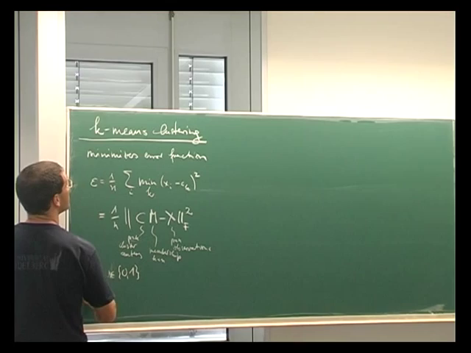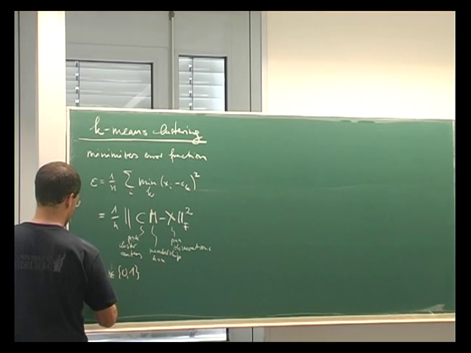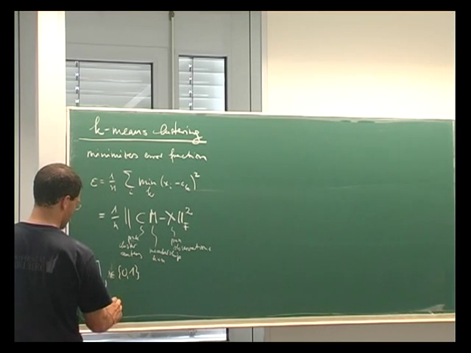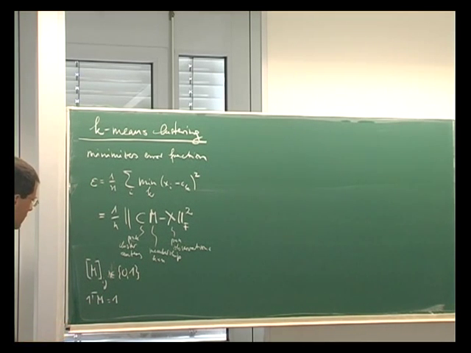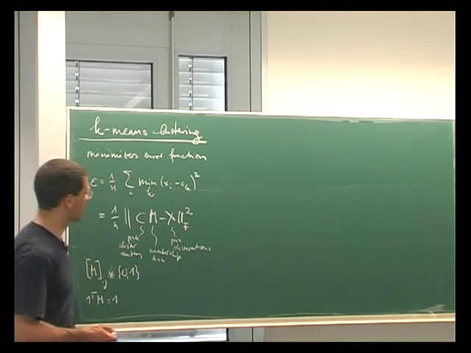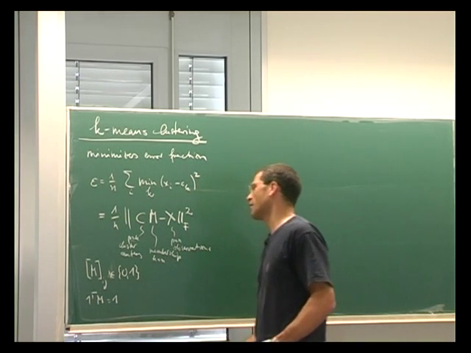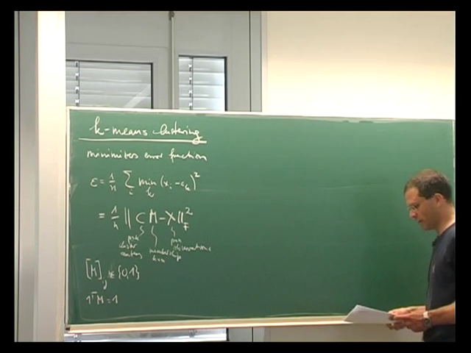So 1 transpose is a vector of ones, and if we multiply from the left with this vector of ones, then we get a 1. So in other words, each observation must belong to a single cluster.